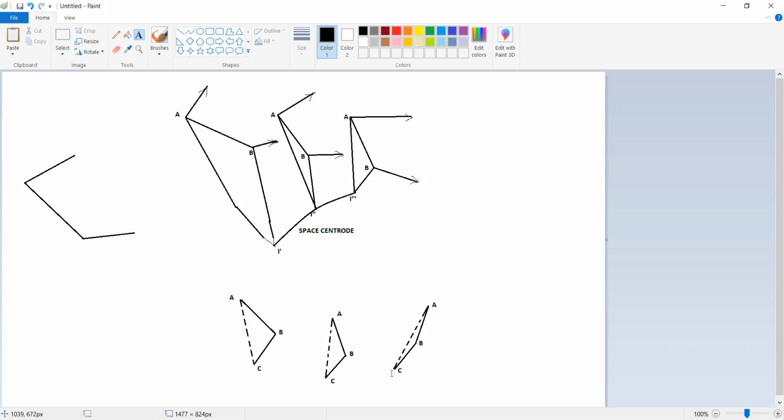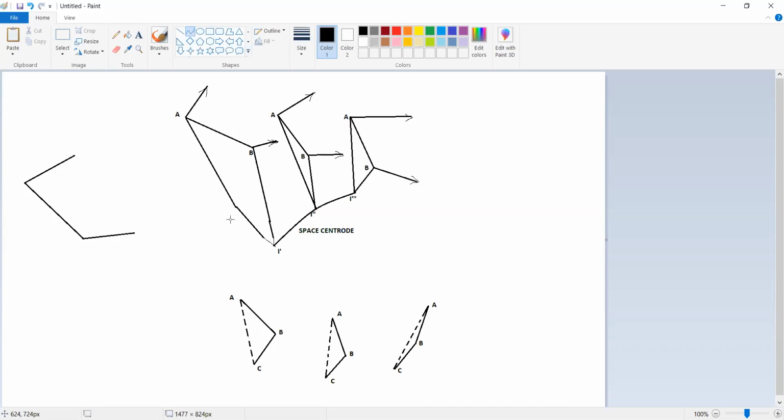And this also makes a very small angle. So if I pick these C points, and move this link by picking this A point and go on moving, I will be getting these points C1, C2, C3 like this.